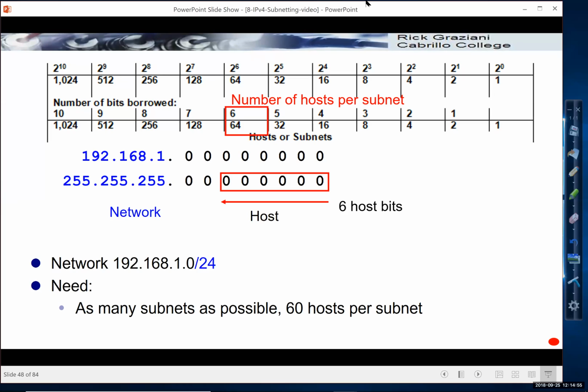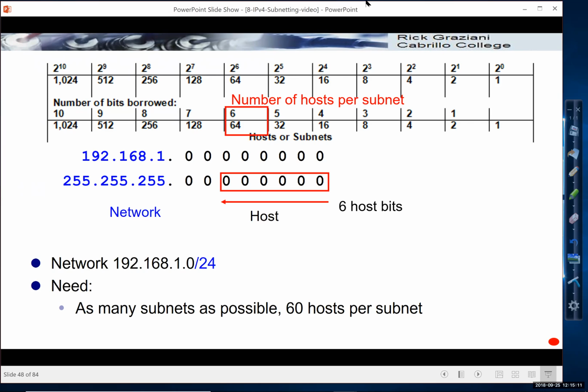If we reserve 6 bits for our host portion, that gives us 62 usable hosts, because we lose 2 hosts per subnet. That gives us our 60 hosts per subnet required.